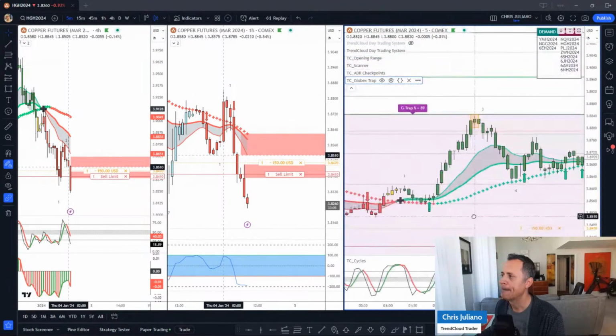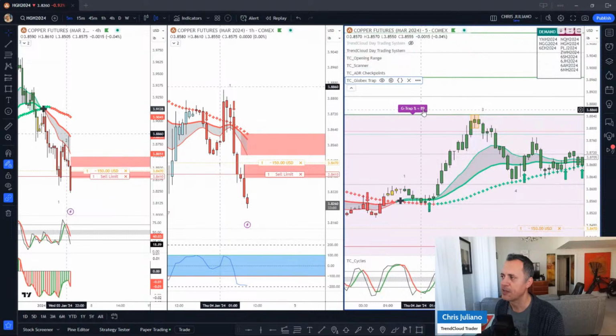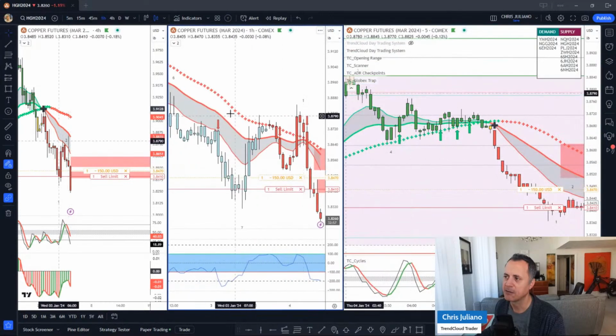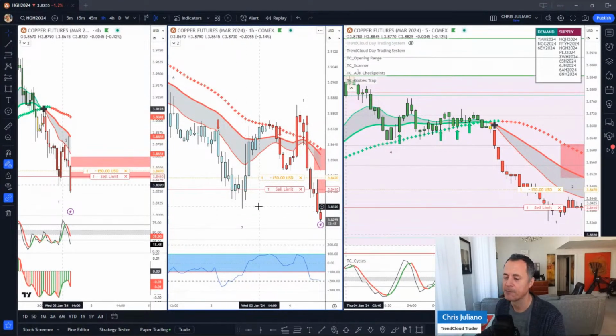So 75% or more means that it's become exhausted, kind of like what we've got going on here on our trend, right? The trend becomes exhausted at that 6th and 7th wave.